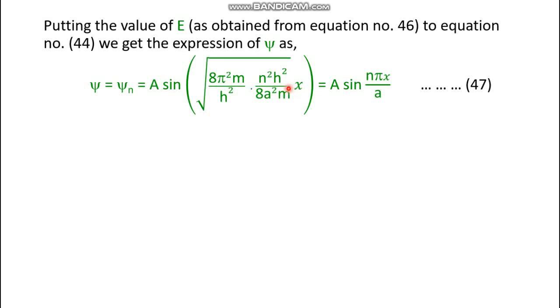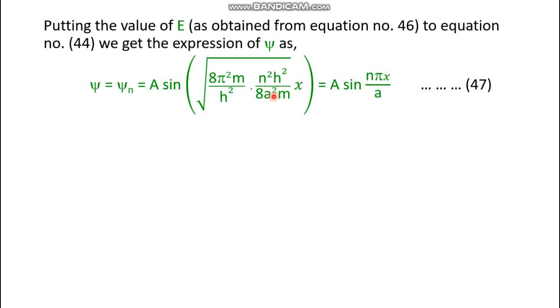Now this psi, like E, can also be written as psi n, a function of the quantum number. For our simplification we have just written this as psi, but this is actually psi n. Now simplify this form here. H square cancels, then m cancels, 8 cancels. What is left behind is n square, pi square, and in the denominator only a square is left.